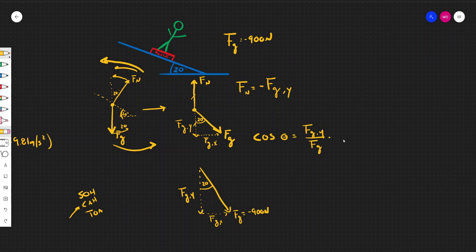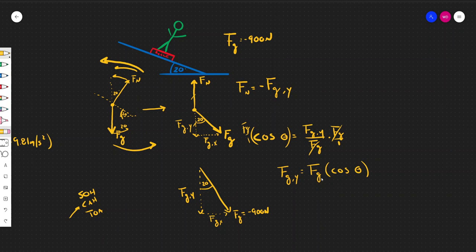To get Fgy, just multiply both sides by the force of gravity. Those cancel. The force of gravity's y component is equal to the force of gravity times cosine of theta.